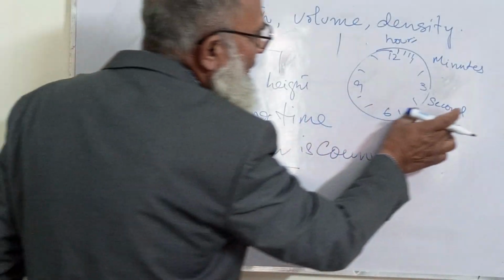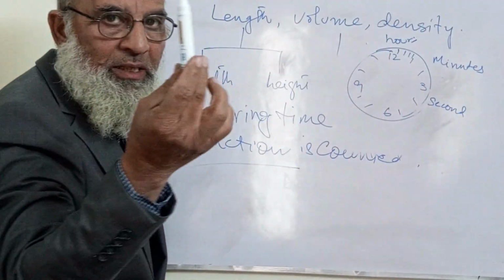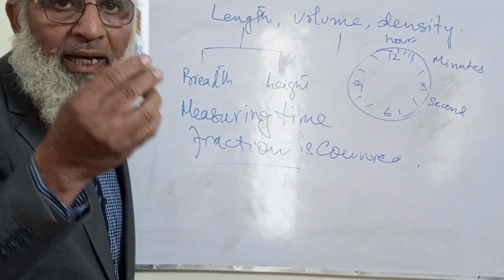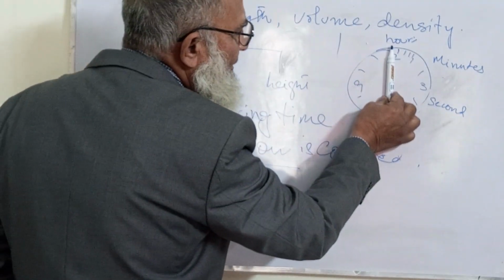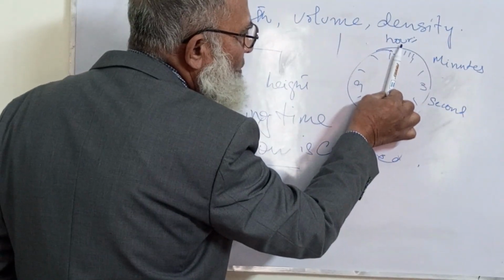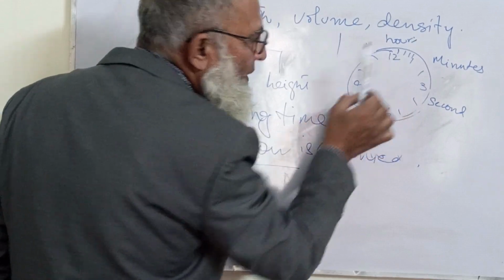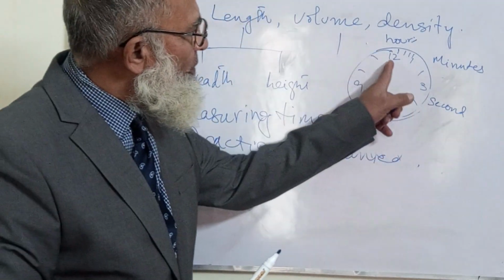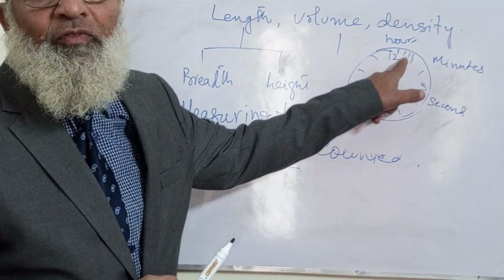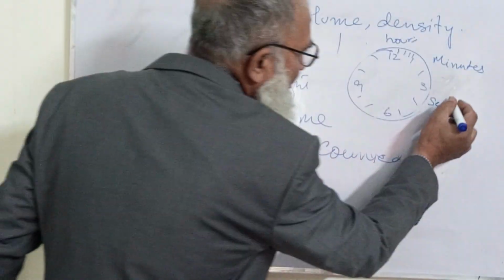That means when the hand of seconds moves from 12 a distance of 1 division, it will travel 1 second only.